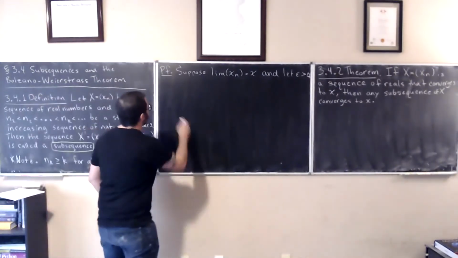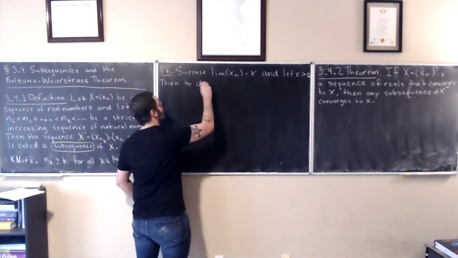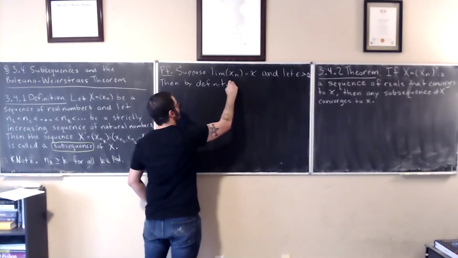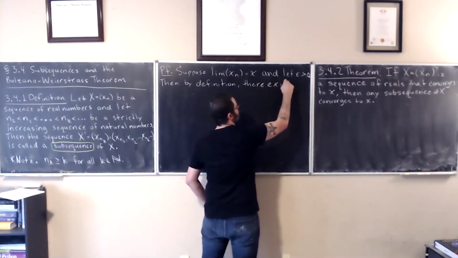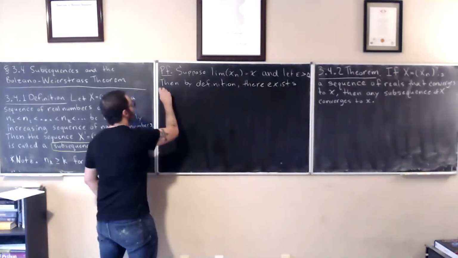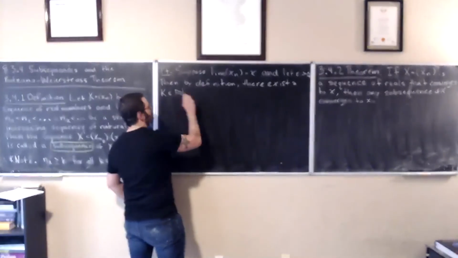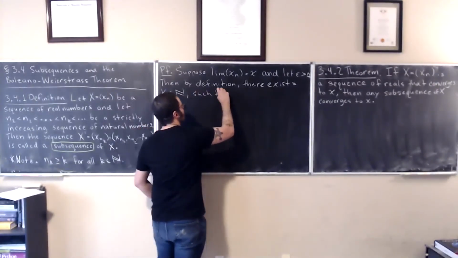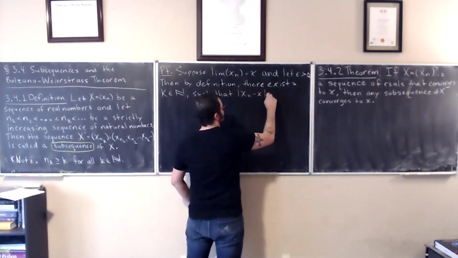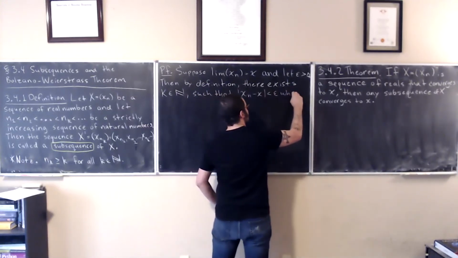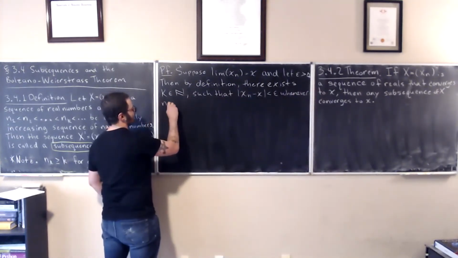Okay, so then by definition, there is some natural number K, some index that cuts the sequence off, such that the distance from the sequence to the limit is at most epsilon whenever n is greater than or equal to K, right? That's just the definition of convergence.